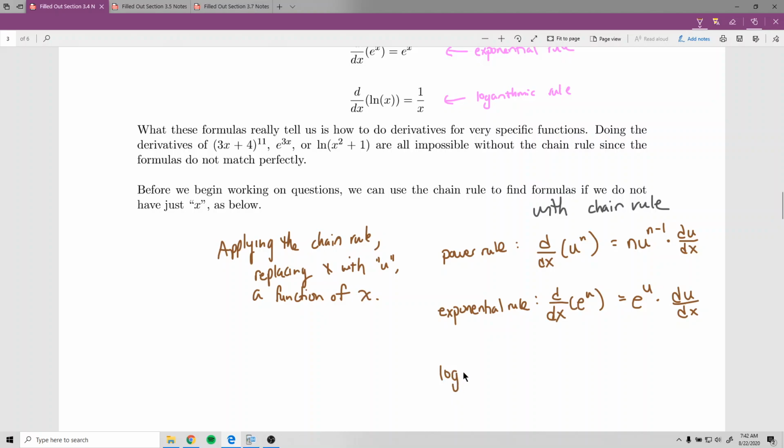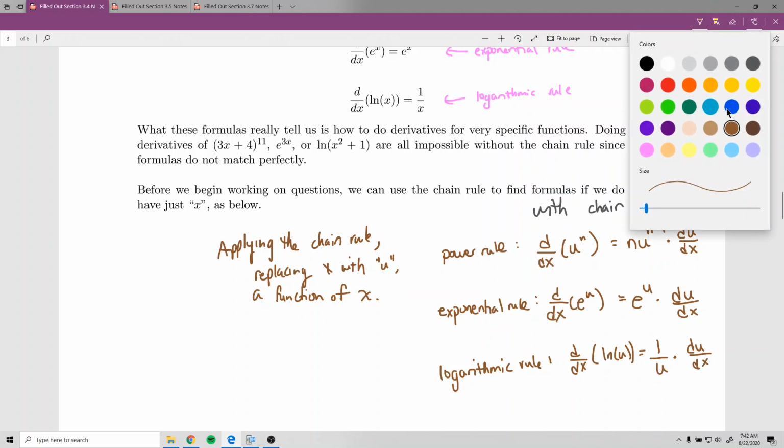And the logarithmic rule is the same idea. The derivative of the natural log of u, right? The derivative of the natural log of x is 1 over x, so it's still 1 over u. And then we multiply by the derivative of the inside.